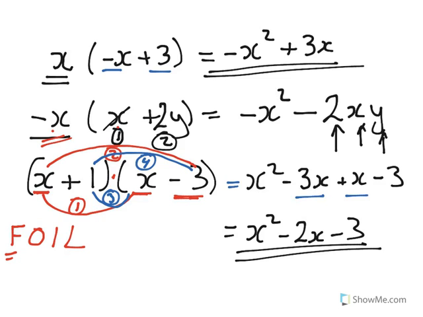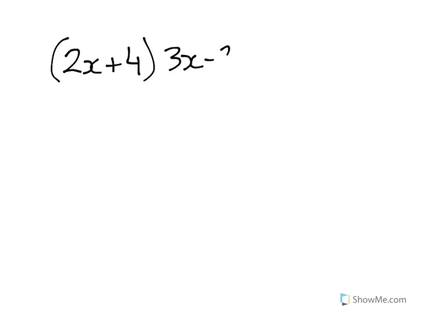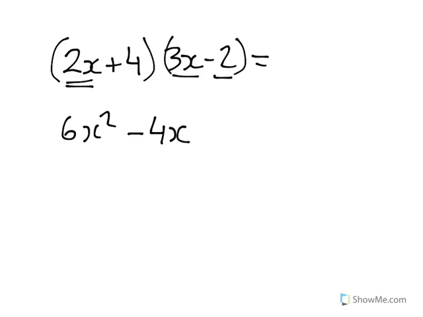Okay, so these ones you have to familiarize yourself with. Let's take another couple. Let's take 2x plus 4 multiplied by 3x minus 2. First two, 2x times 3x, giving us 6x squared. 2x multiplied by minus 2, giving us minus 4x.